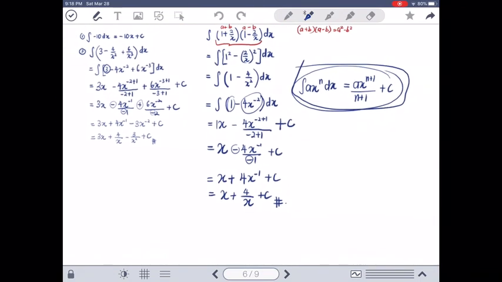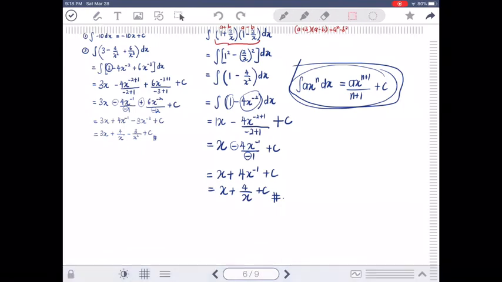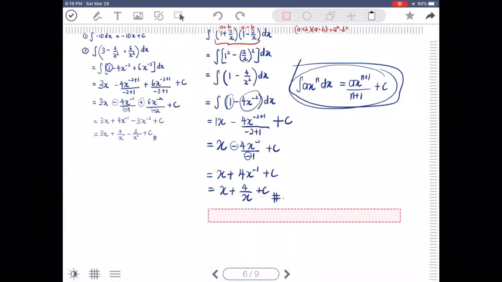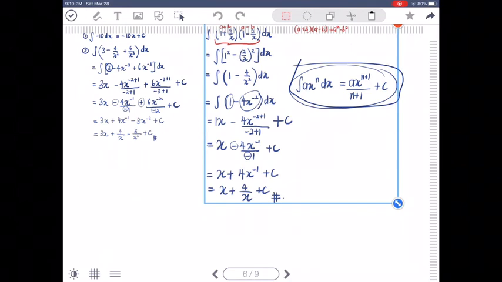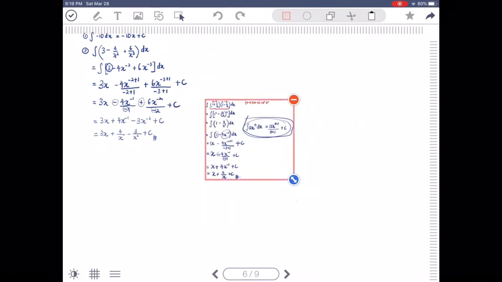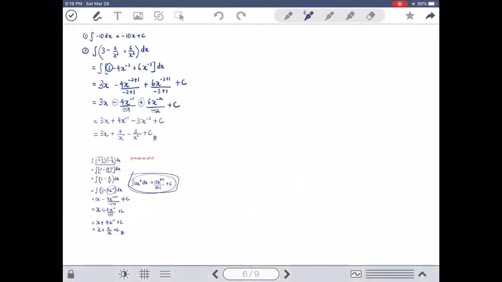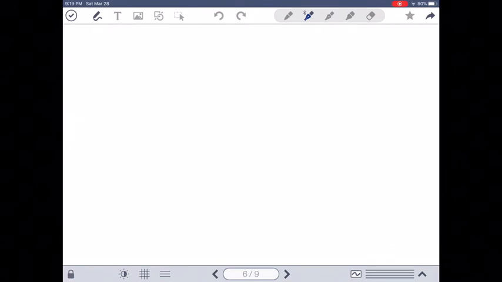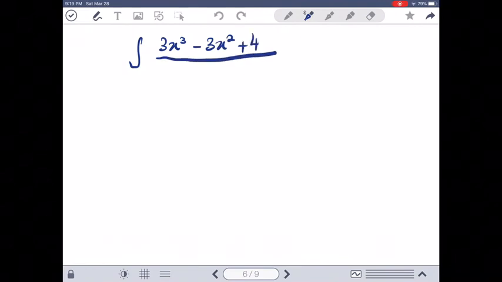Maybe we need more examples, slightly more complicated. Let's see if I can fit everything in here. Let's try something harder. Maybe integration of 3x to the power of 3 minus 3x to the power of 2 plus 4, divided by x squared, with respect to x.